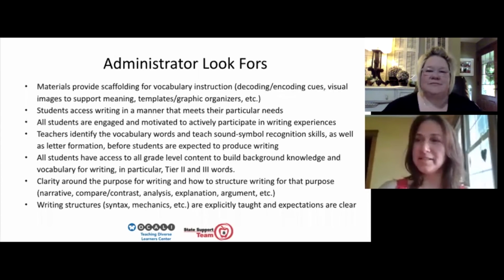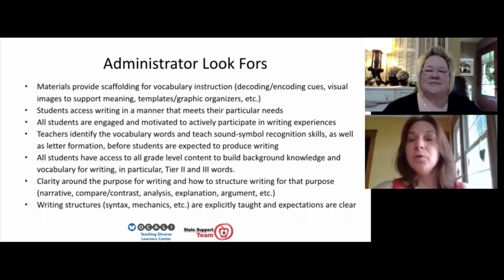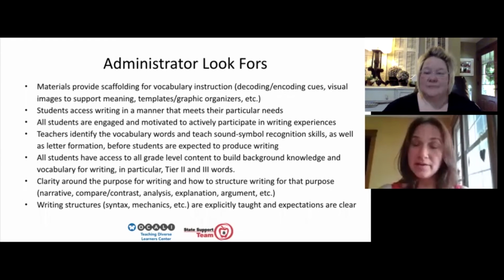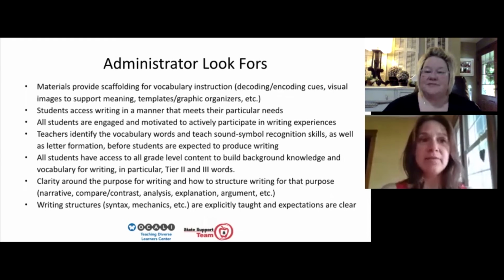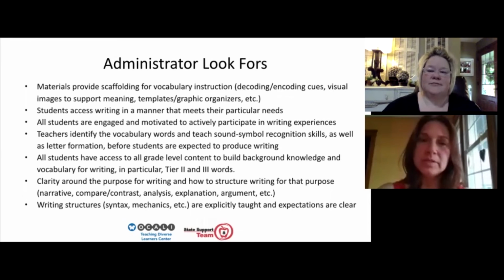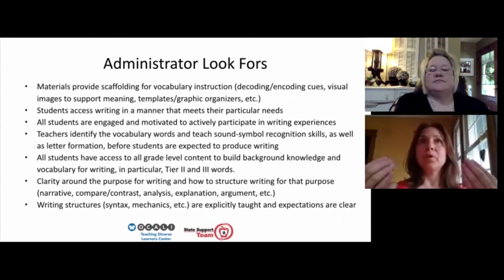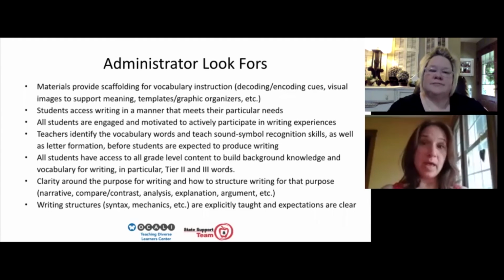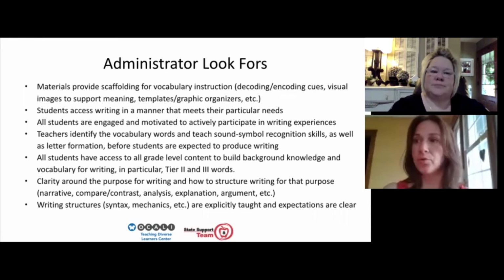Yes, it is indeed. So, we have come to the end of our 5 sessions, and administrators, as you're out in your classrooms, you can really look for materials that provide scaffolding for instruction, not only of understanding vocabulary, but of showing that understanding through writing.